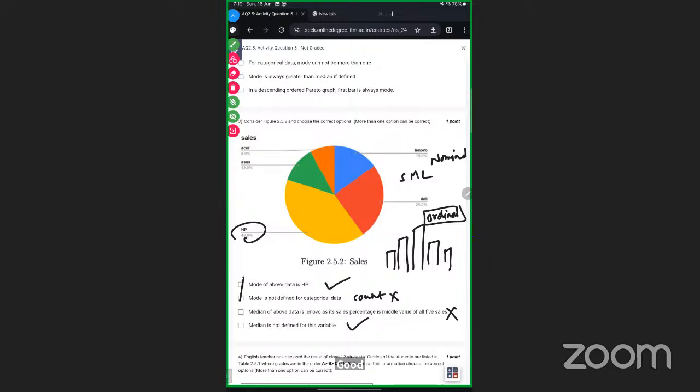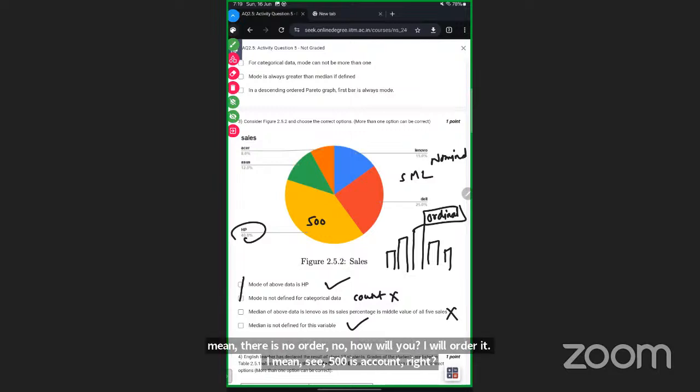Sir, one more doubt. If the value is provided like about 500 PCs were sold, then can we find the median for this value? Then also no, there is no order. 500 is a count. If you start arranging them in increasing order, how will you write?